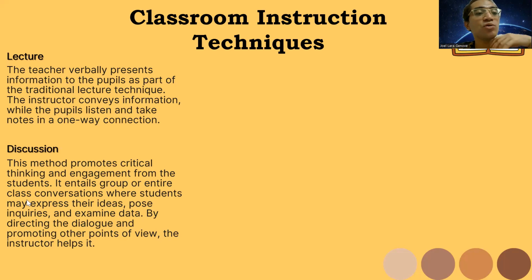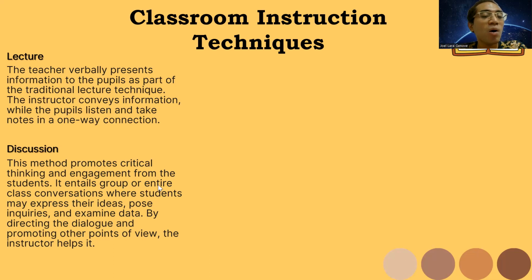Then we move to discussion. This method promotes critical thinking and engagement from the students. Yes, that's true. You promote critical thinking in your students if you ask them the questions how and why.